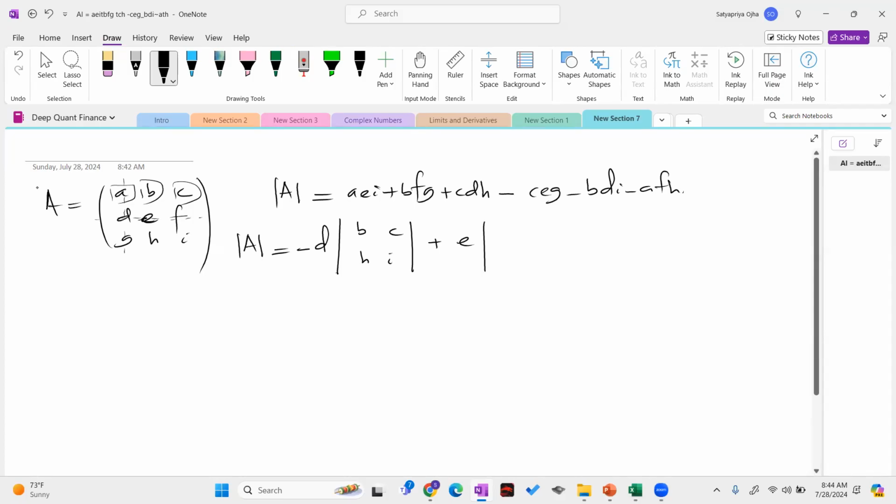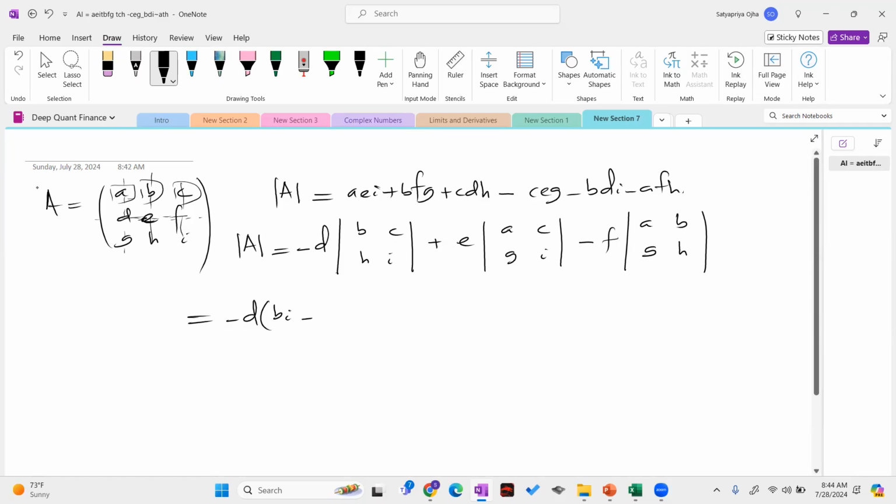If I cover E, what do I get? A, C, G, I. And the last one would be minus again, it's alternating. Is it A, B, G, H? Now, if I expand this, what do we get?